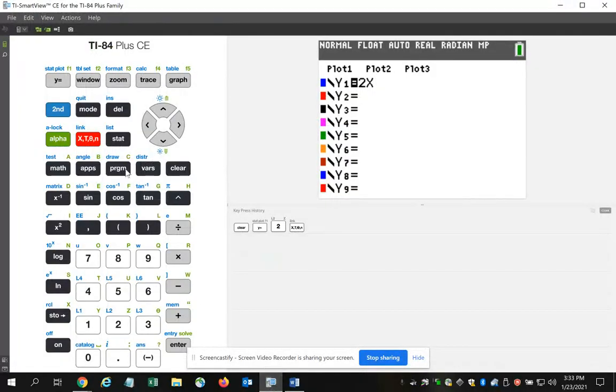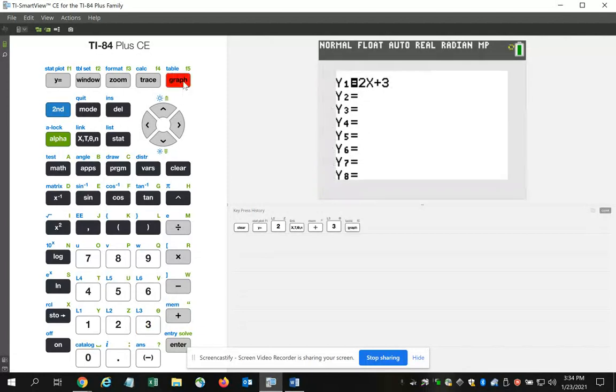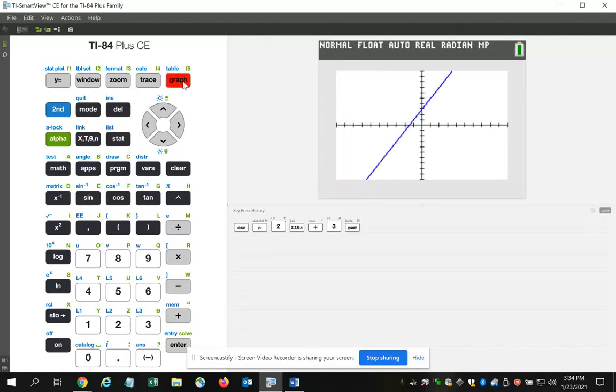Plus 3, and then I have it graph. Hopefully visually you see that that's a line, and by definition a line keeps going on forever in both directions. Visually there's no holes or breaks or gaps in the function.